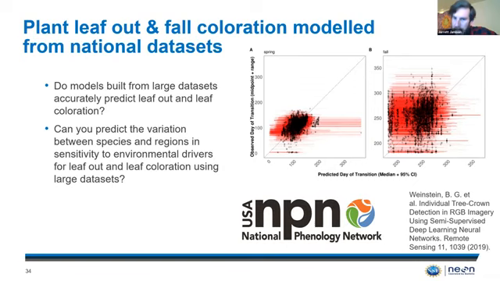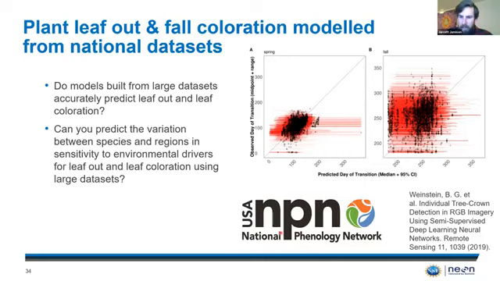But if you look at the bottom left figure, you can see the model predicted values versus the on the ground observed dates of spring leaf out for 128 species in panel A and fall leaf coloration for 112 species in panel B.